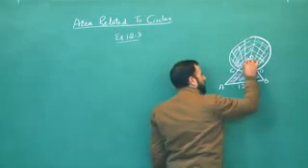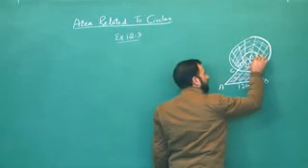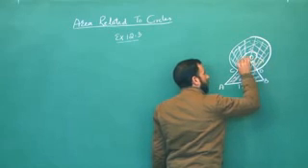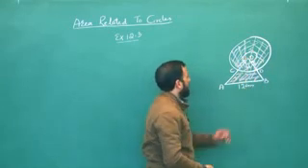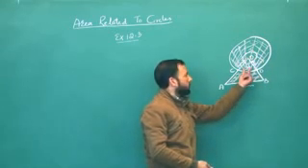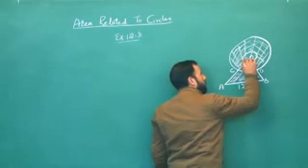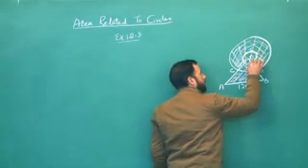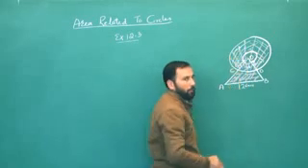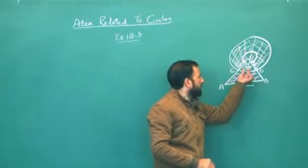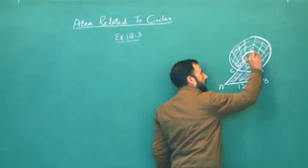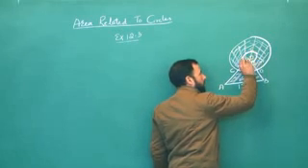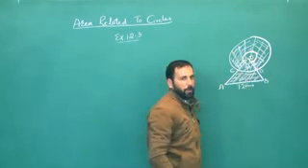This one is the angle of the major sector. Clearly, this angle is equal to 60 degrees and this one is the major sector angle. So it is equal to 360 minus this 60 degrees angle. That means this one is the major sector angle, that equals 300 degrees.